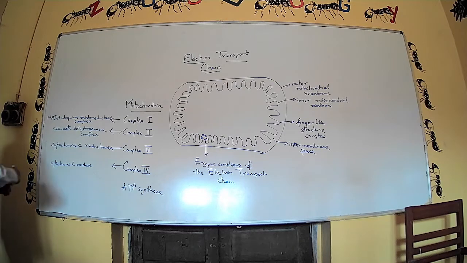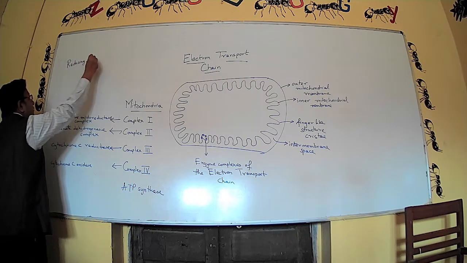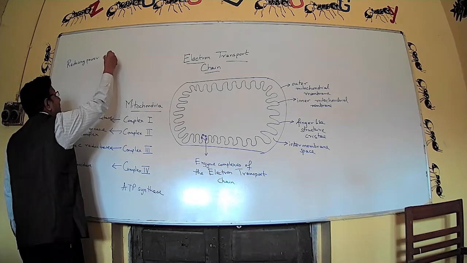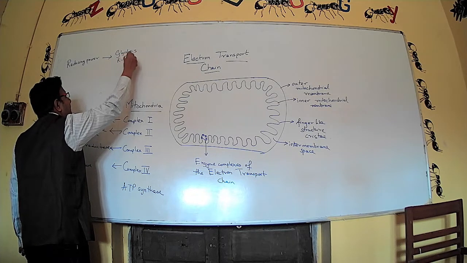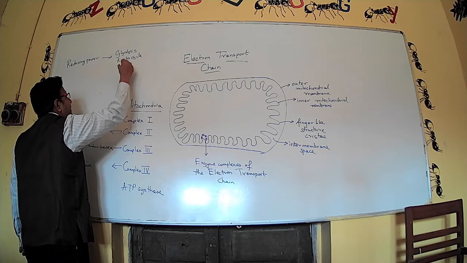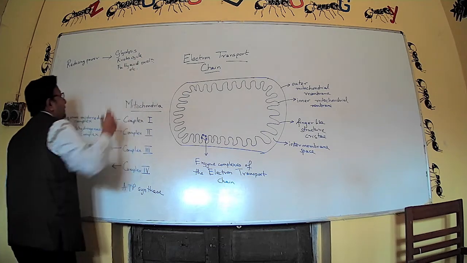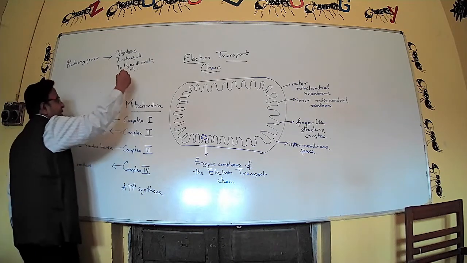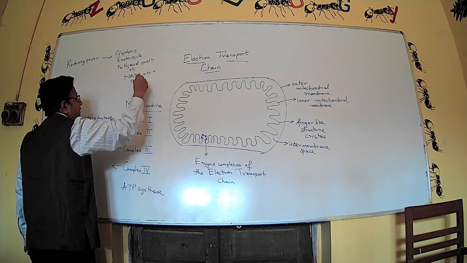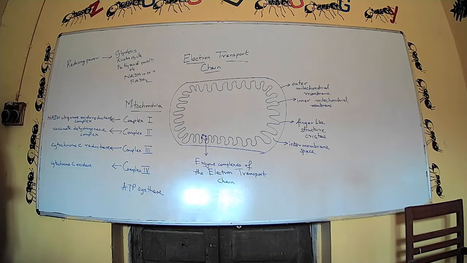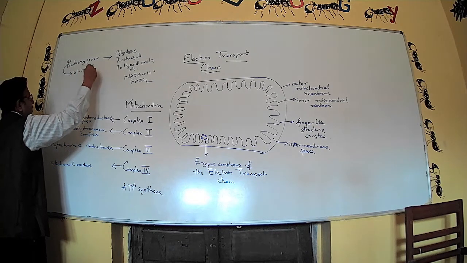Now, the reducing power which was obtained in the metabolic cycles, glycolysis, Krebs cycle, fatty acid oxidation, etc., in the form of NADH and FADH2, is utilized for ATP generation.